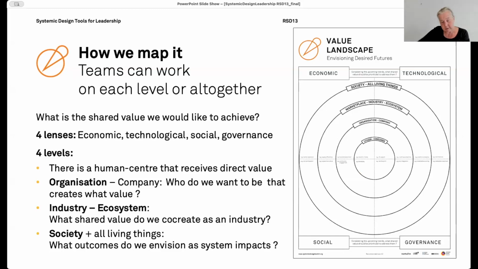And then you look at the value you want to create on the different levels: for the citizens, for the consumers, for the organization, the company, for the ecosystem, the industry, for society, for the whole planet, all living things. And then the idea is to think together, what is the value we want to create with this?